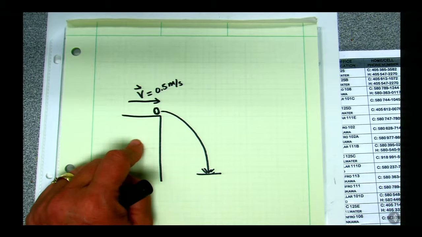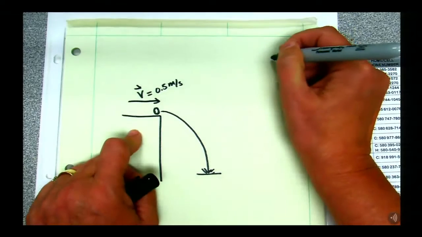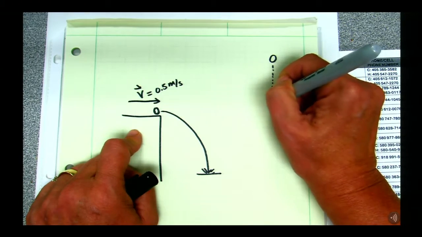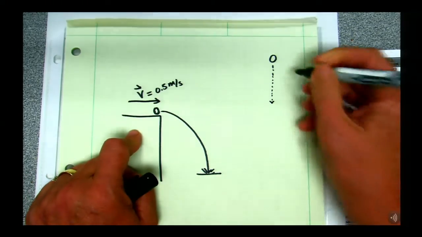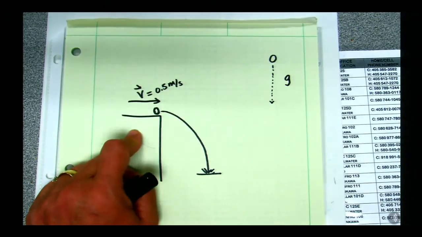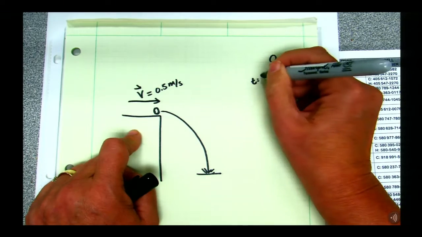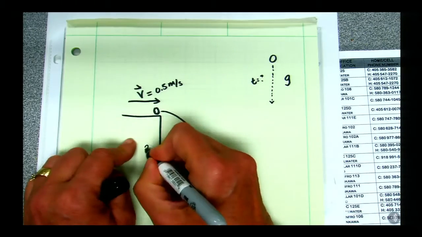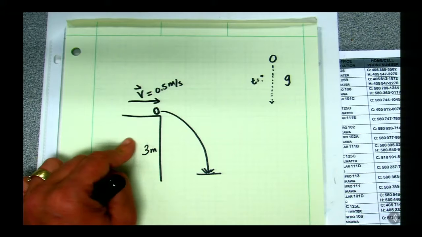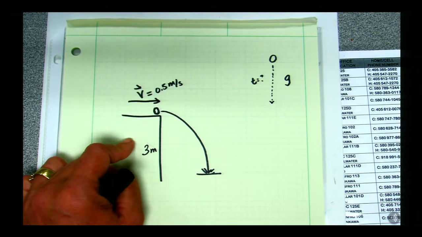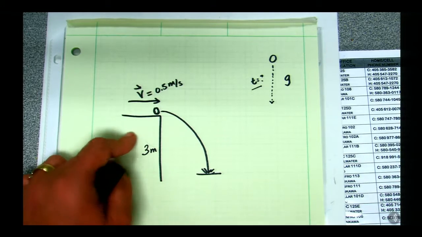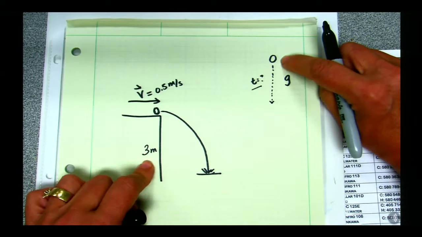Now, we know that if I just drop it, it's got an acceleration due to gravity that's going down, and it's going to take a certain time to go down. If we know that the tabletop is 3 meters, I can calculate that time, because I know the height, I know the initial velocity in the y direction.